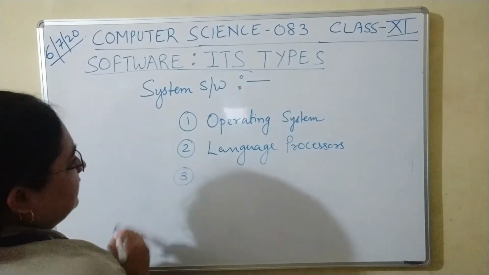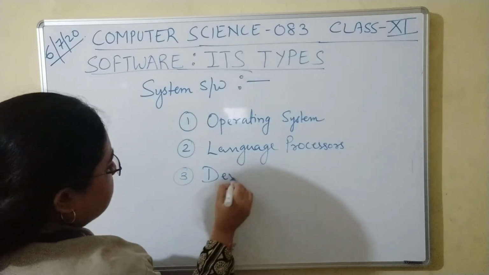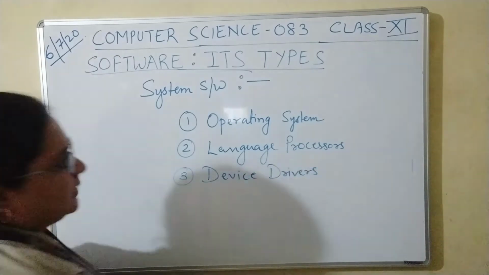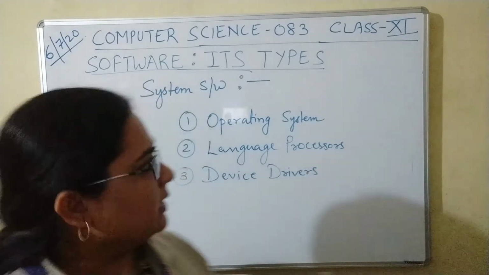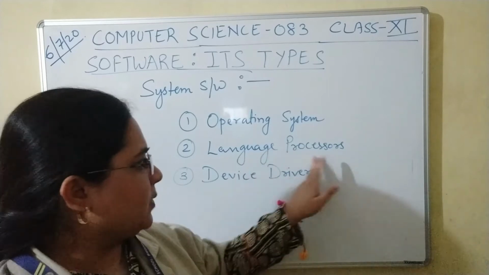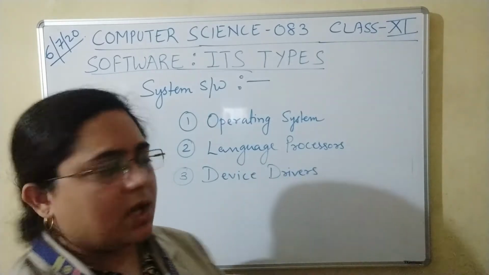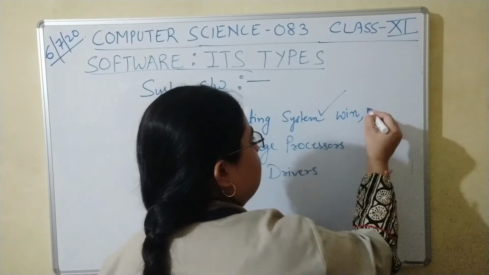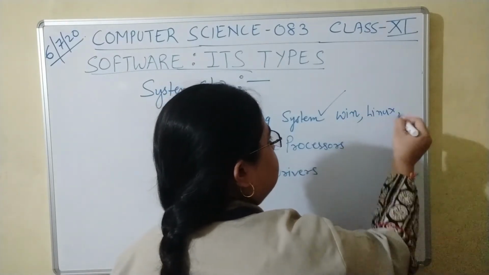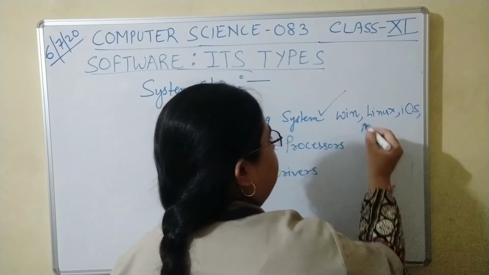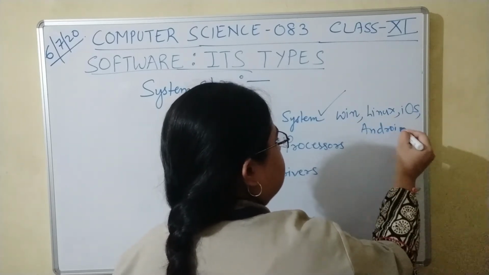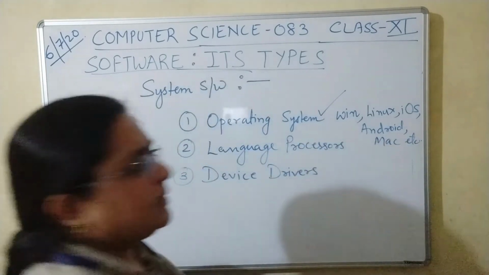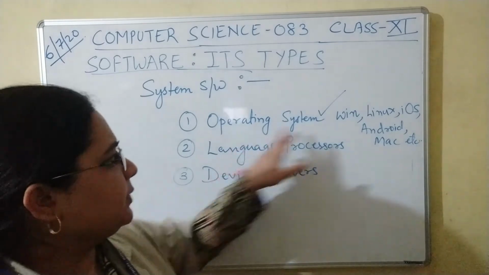And number three, you have device drivers. Operating system is the very important part. You have already seen examples like Windows, Linux, iOS, Android, Mac. These all are examples of operating systems which enable your computer to work.